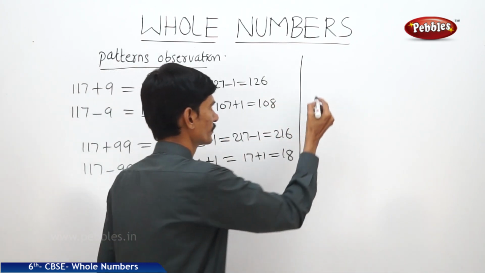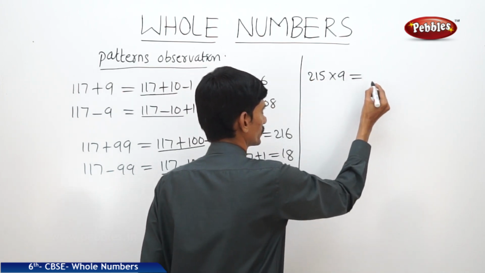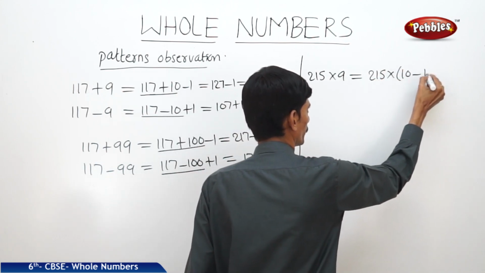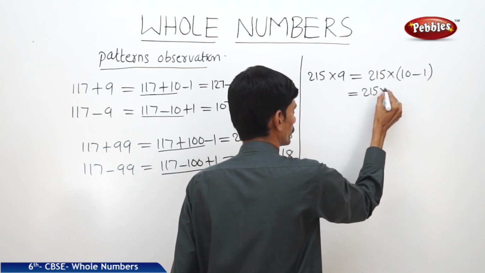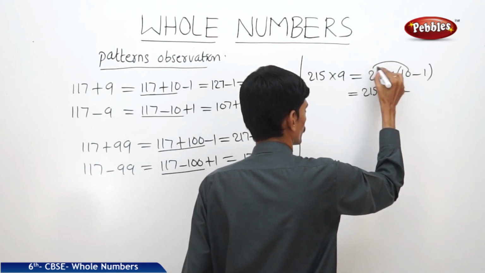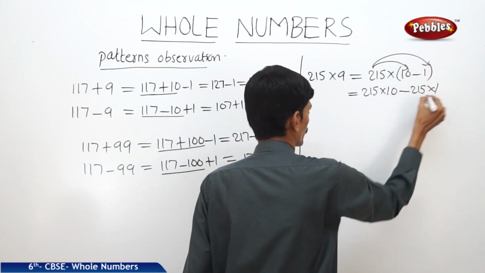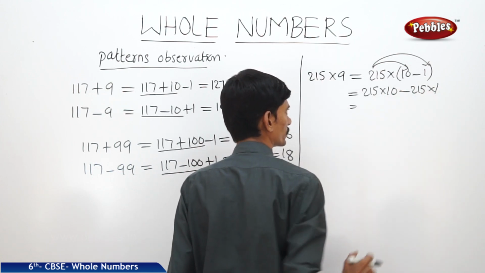For example, 215 into 9 means 10 minus 1. So here we can use the distributive property. 215 into 10 minus 215 into 1. So here we can easily multiply 215 and 10, 215 and 1, then we can subtract.